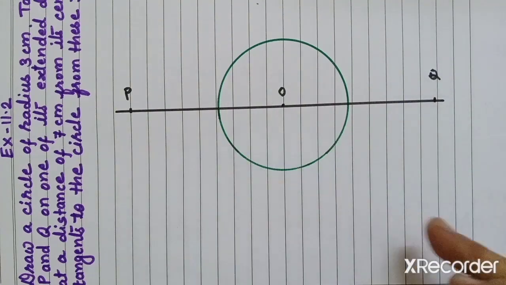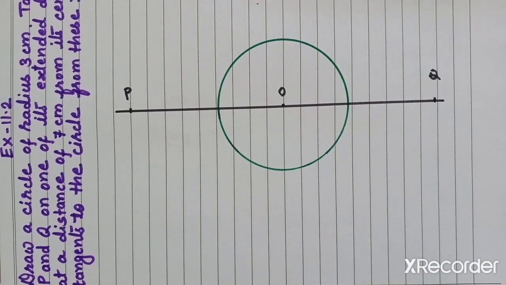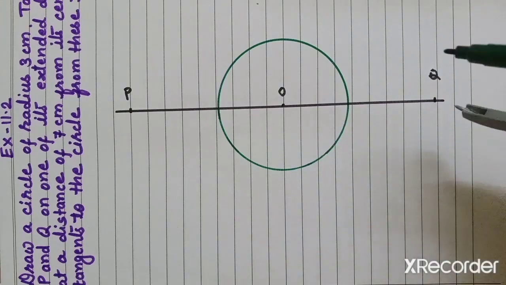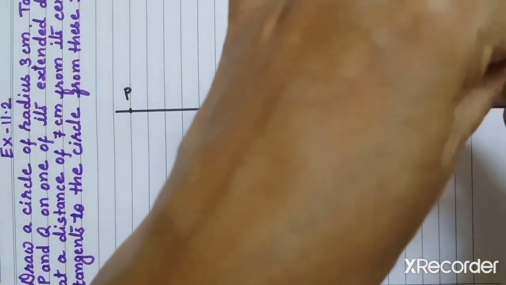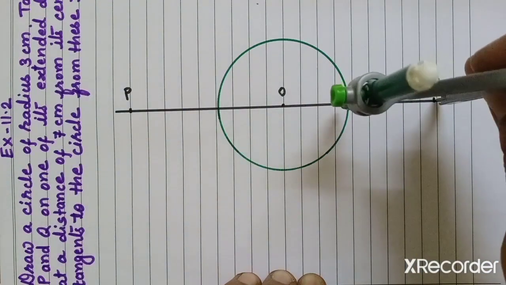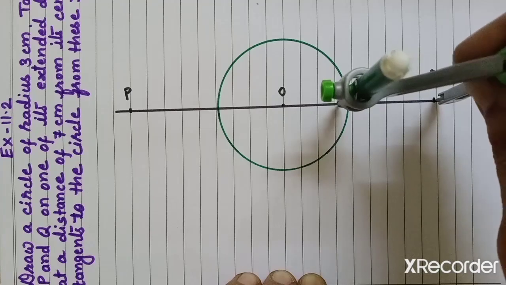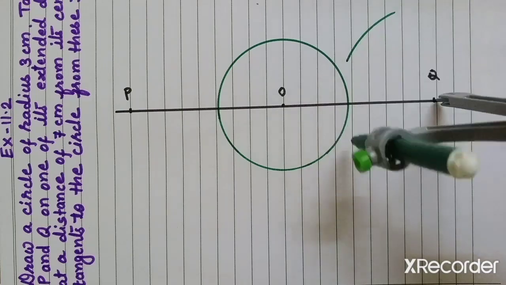Now from these 2 points we have to draw tangents to the circle. So again the method is the same. First of all we will draw a tangent from this point Q to the circle. For that you take more than half, approximately more than half of this OQ length. Consider the OQ segment first. So more than half of this OQ. Draw arcs.